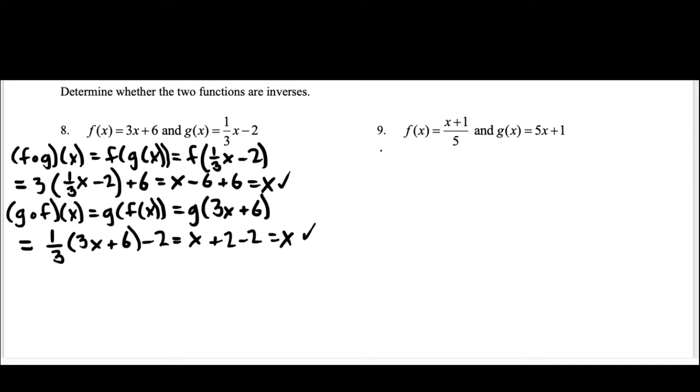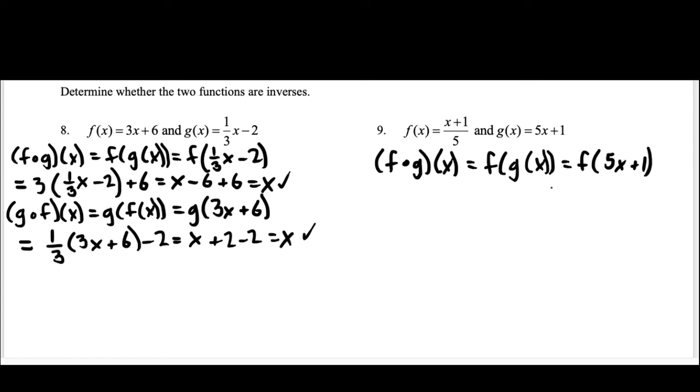If I compose the functions this way, f, g, right? This is defined as f of g of x, which is defined as f of 5x plus 1. So in the function f, x gets replaced with 5x plus 1, right?